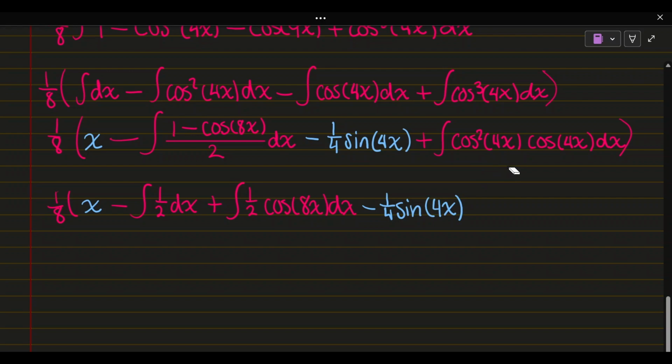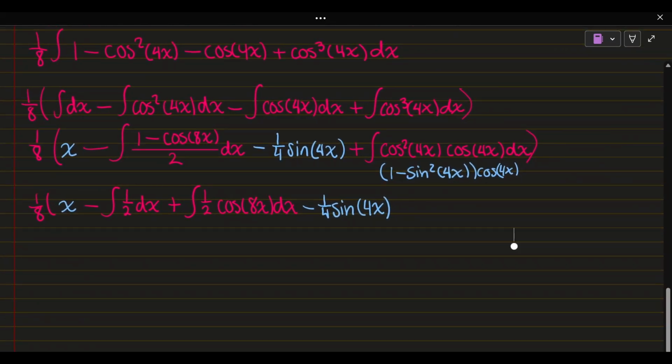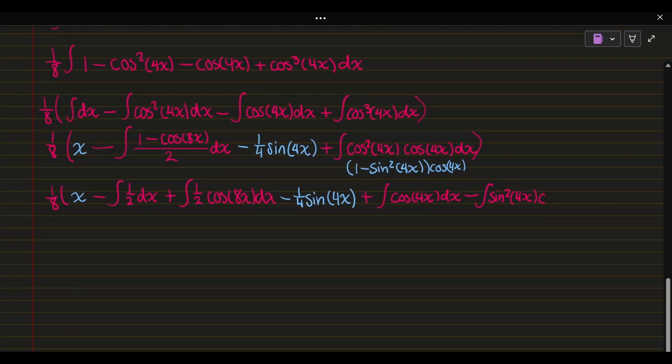and first we notice that this is 1 minus sine squared 4x times cosine of 4x. So this becomes the integral of cosine of 4x dx minus the integral of sine squared of 4x cosine of 4x dx.